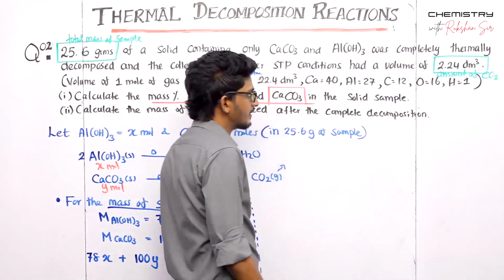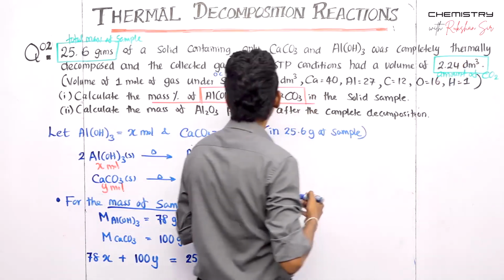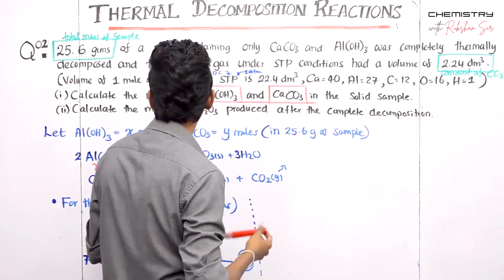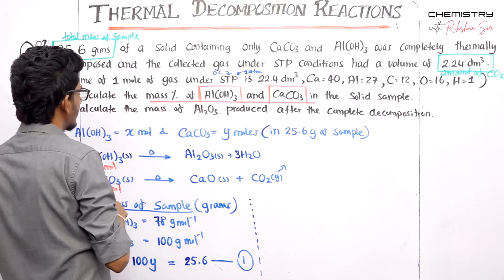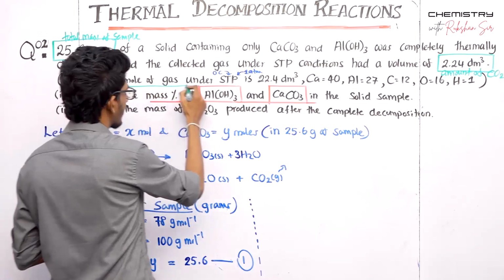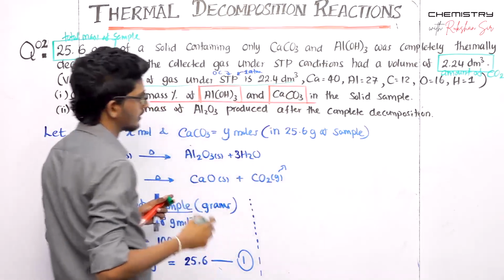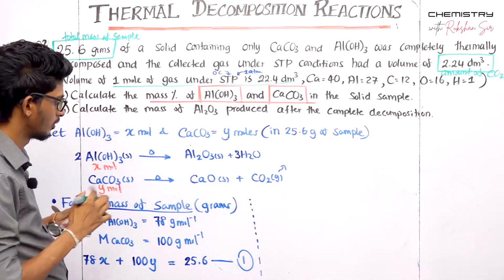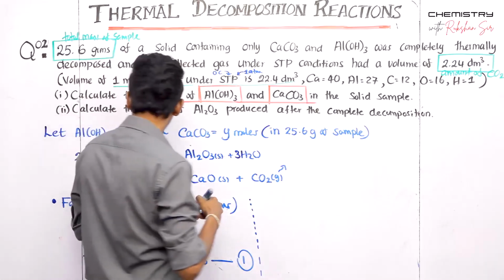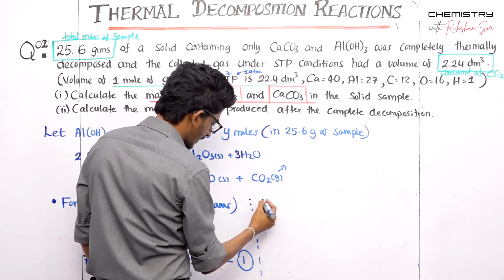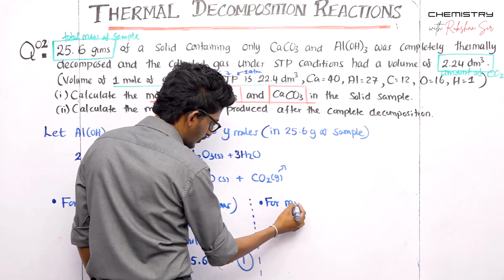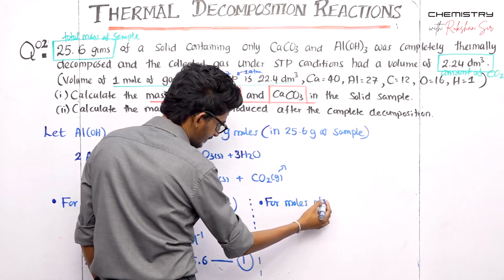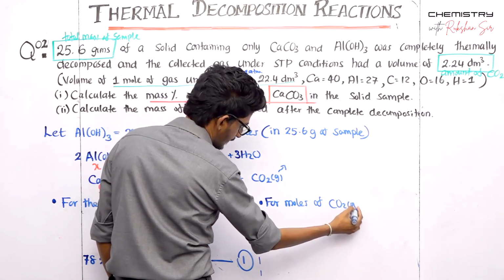Basically, these decimeter cubes will be related to moles with this relationship: 1 mole of gas under this STP is 22.4, so we can relate that. So we can come up with a simultaneous equation for moles of CO2 gas.